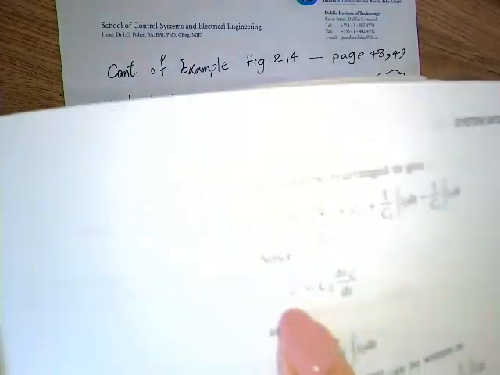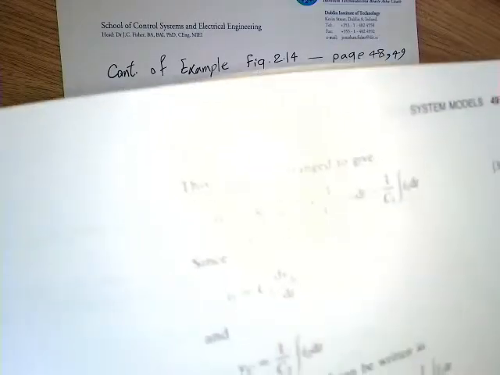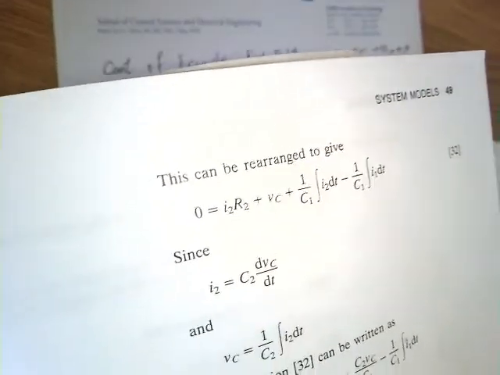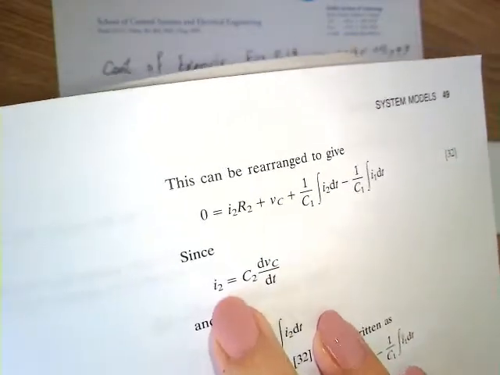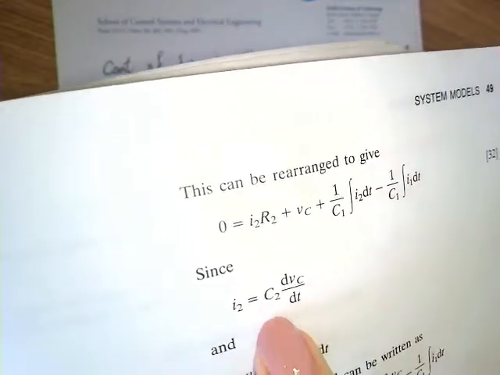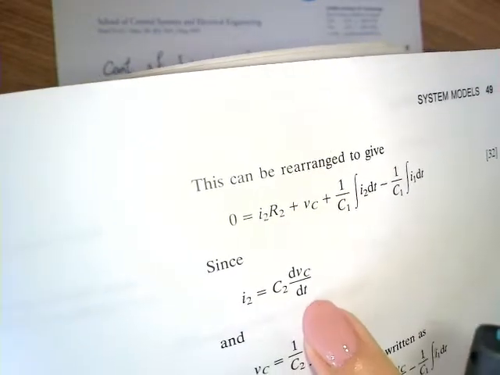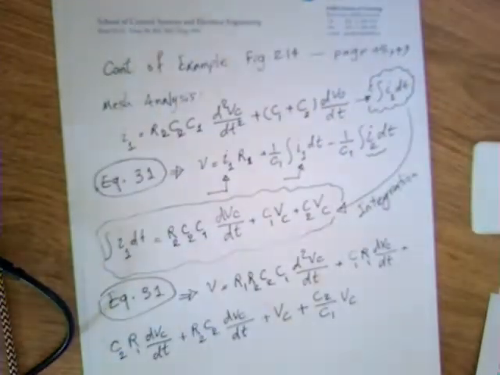So I have this relationship between the I2 and C2. Alright. So this is the relationship between the I2 and C2 and derivative of Vc over T. And that is based on the assumption that we have for the mesh.